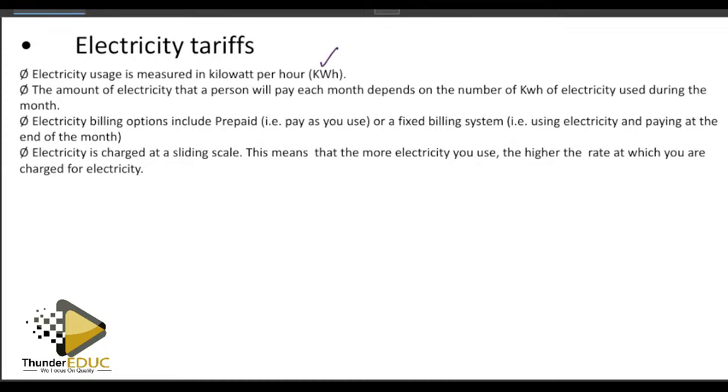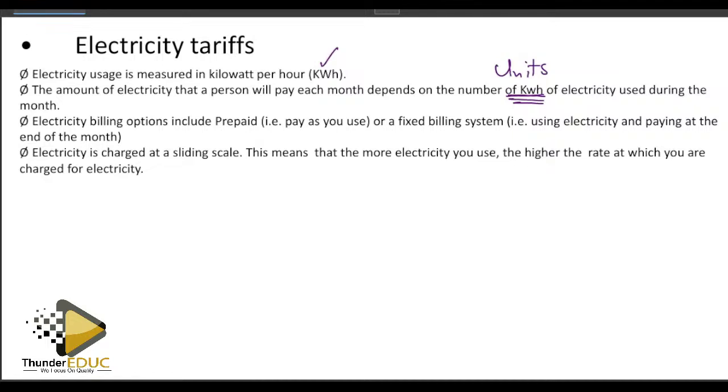The amount of electricity that a person will pay each month depends on the number of kilowatts, which we call the number of units of electricity used during that month.